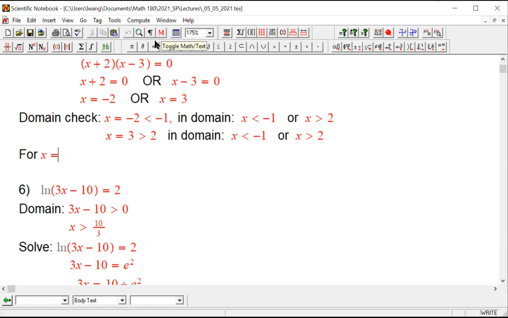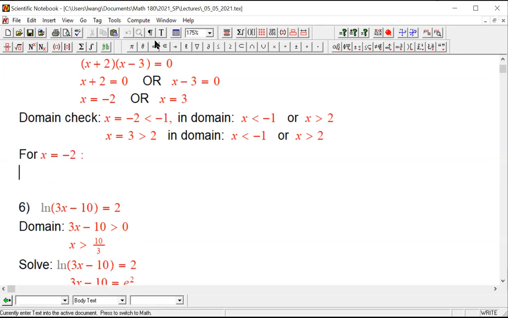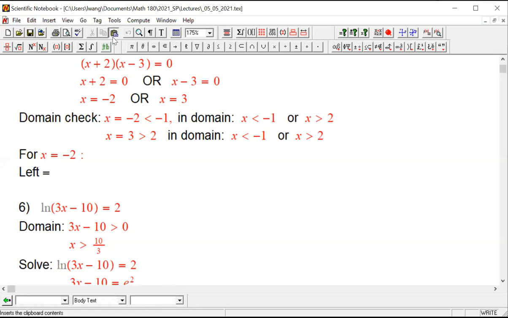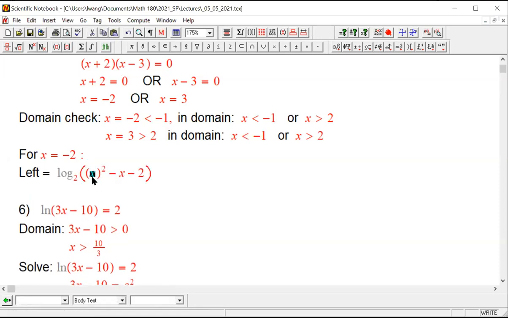So for x equals -2, you go to the left. And the left is this guy. You should replace x by -2.